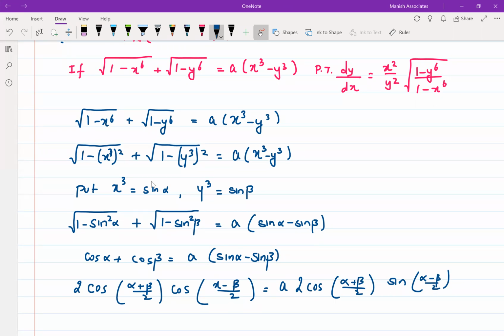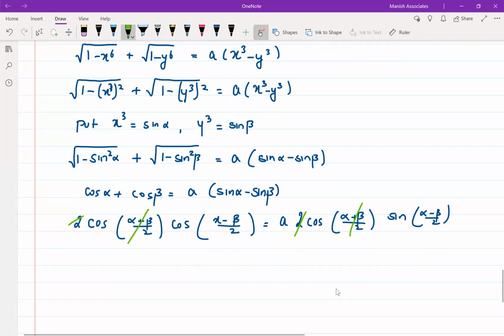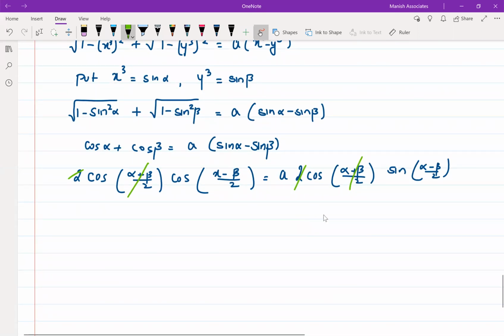You will see that something will get cancelled. What will cancel? You'll observe that 2 will get cancelled, and cos of (alpha plus beta) by 2 will also get cancelled. What will remain? You will have tan of (alpha minus beta) by 2 equal to 1 upon a.